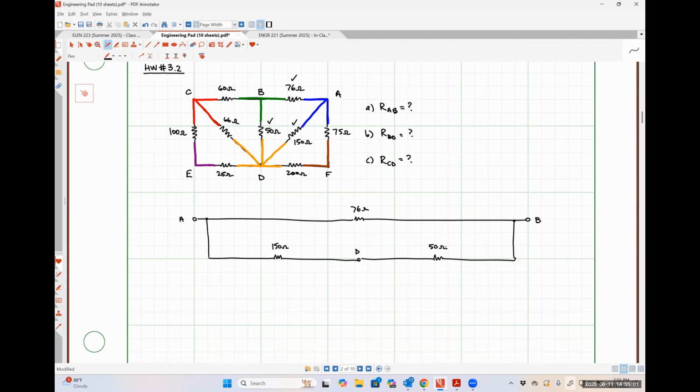So now I need to find out if there's a different way for me to go from A to D. And there is. I can go from A to F to D. So that would look something like this.